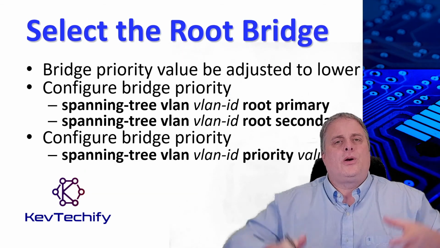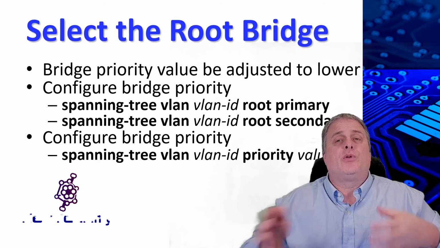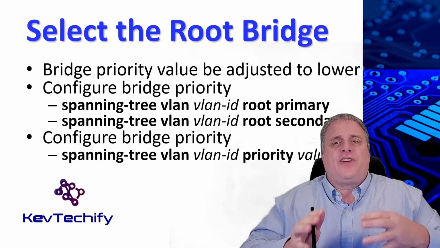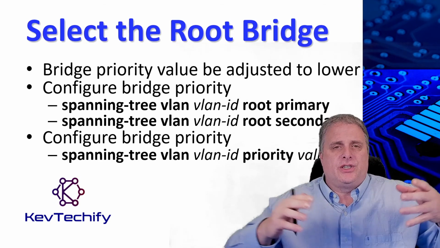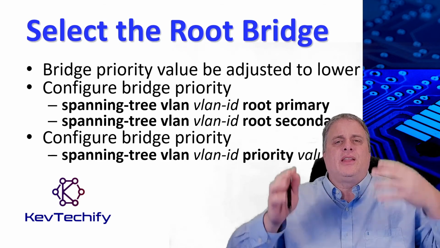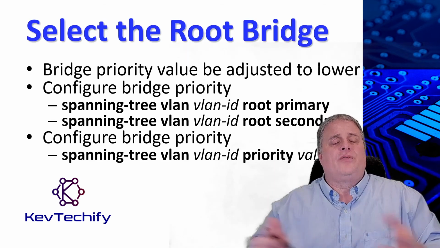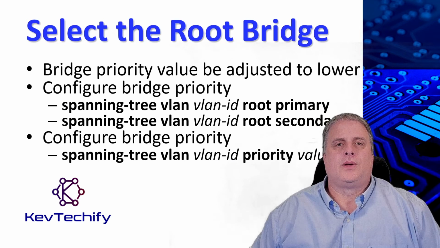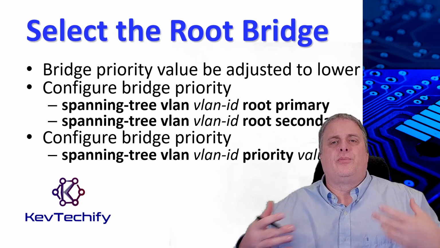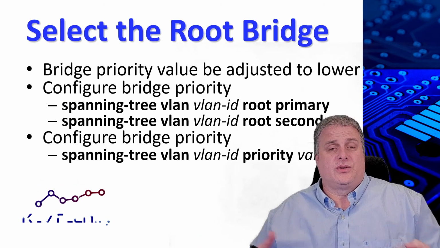When an administrator wants a specific switch to become the root bridge, the bridge priority value must be adjusted to ensure that it's lower than the priorities of all the other switches on the network. There are two different methods to configure the bridge priority value on Cisco switches.